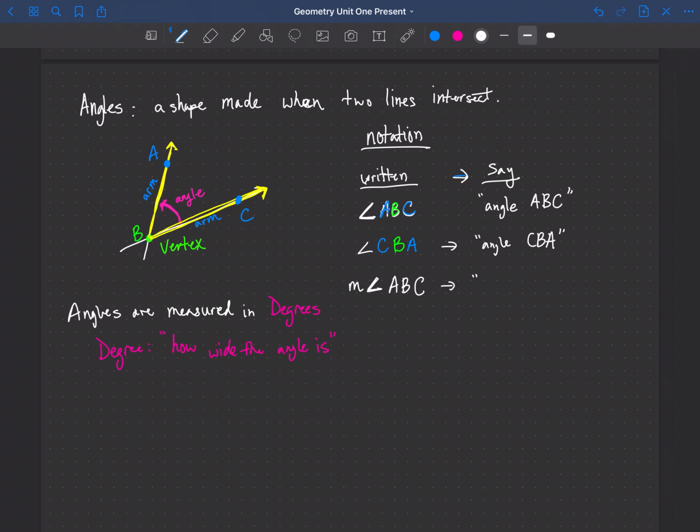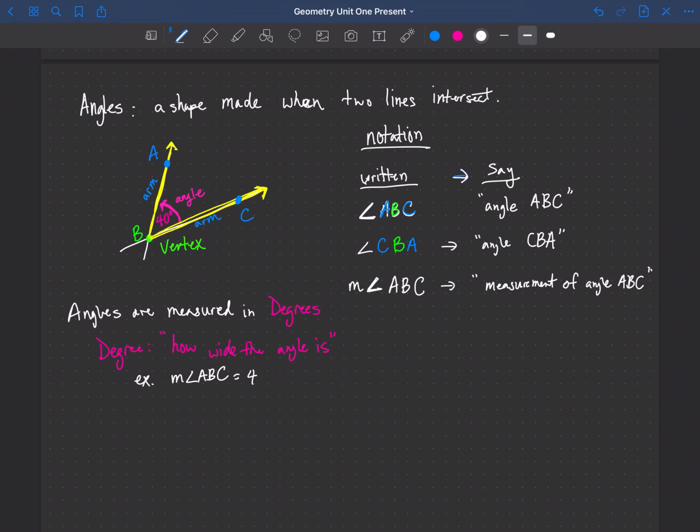Now, in order to identify a measurement of an angle, we write notation with a lowercase m in the front. So measurement, the little m, of angle ABC. With the m, I am indicating that I'm talking about the measurement of the angle, the degree of the angle.